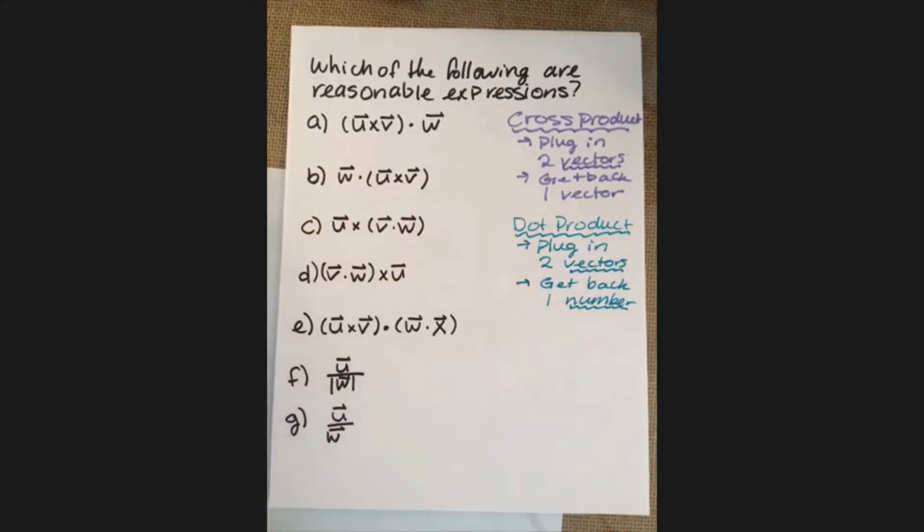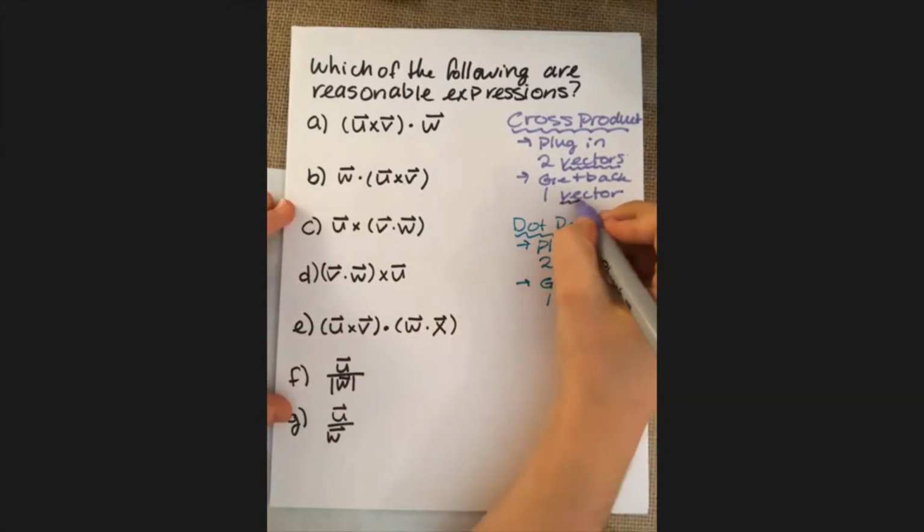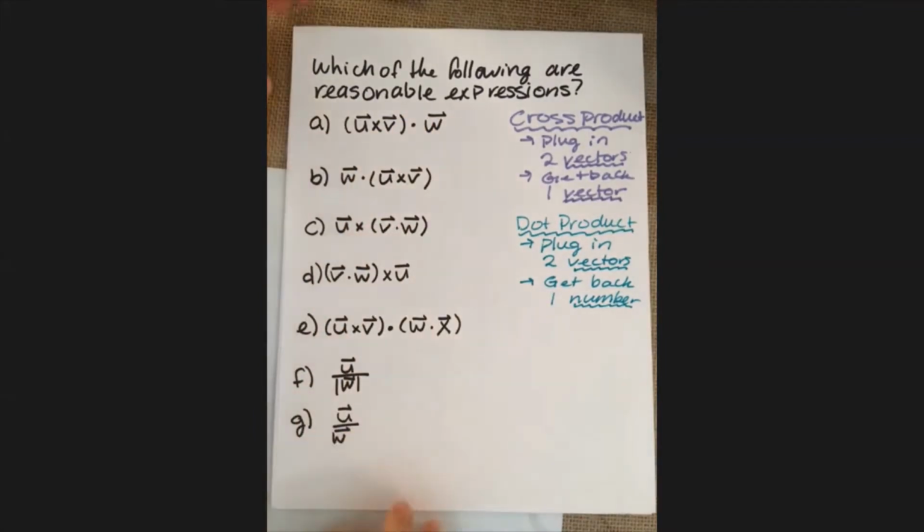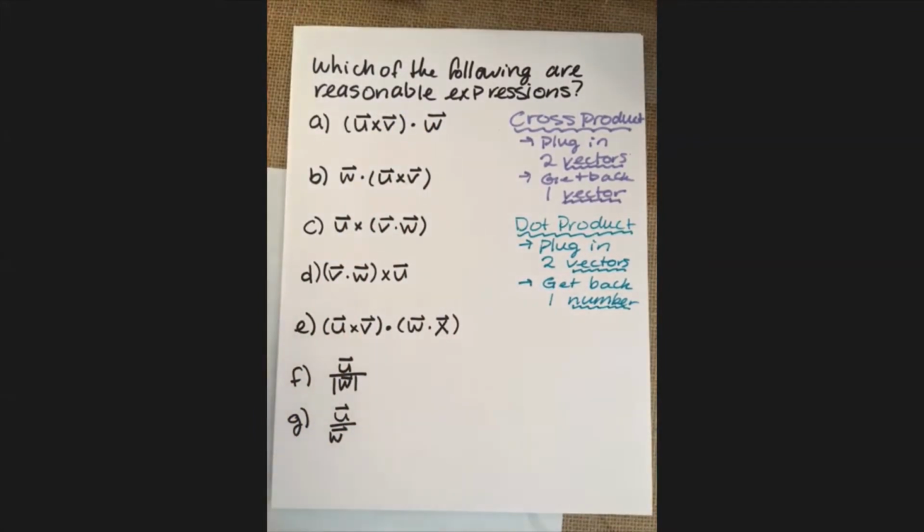Okay, so cross products give you vectors, and dot products give you numbers. Okay, so let's go through each of these expressions and see which ones make sense and which ones don't make sense based off of that.